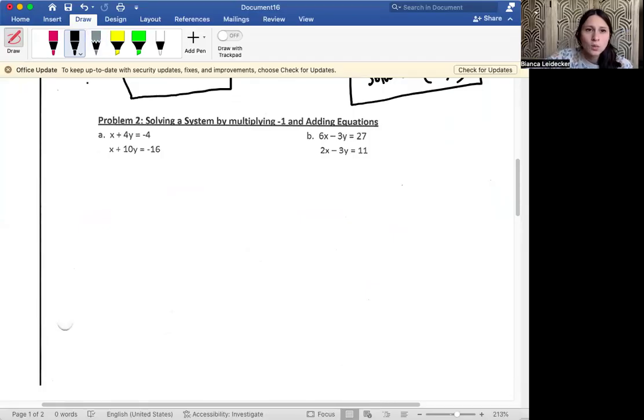Okay, what if we are looking at our terms and it doesn't look like I can just add them together. So let's talk about an alternate way to work this out. We can multiply the entire system by negative 1. So if I'm looking at this, if I add x plus x, that becomes 2x.